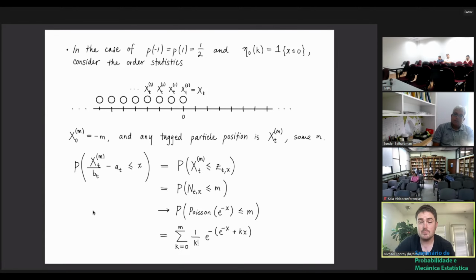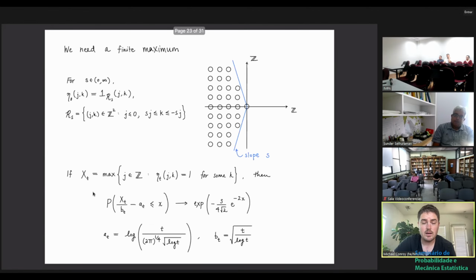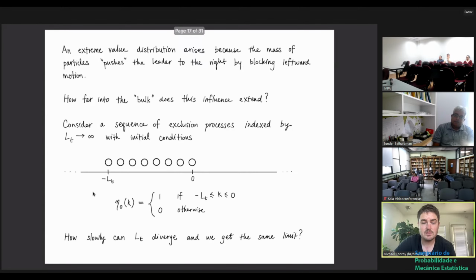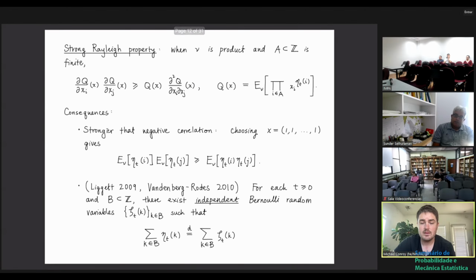So the problem is, for fixed T you don't have this property. This strong Rayleigh property applies to the symmetric case, and we're using it for finite fixed T. So you wouldn't have this property to work with, and you need different methods.